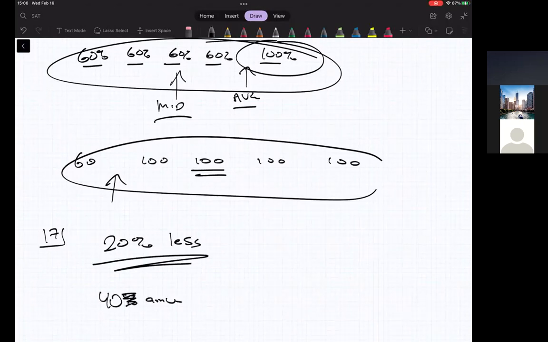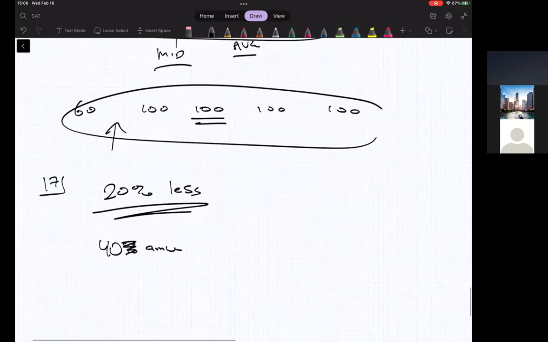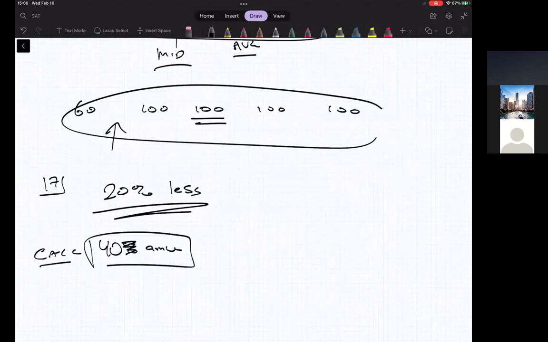Which of the following best approximates the atomic weight in AMU of the unknown element? So again, think about it like a discount. Calcium is 40 AMU. You're getting a 20% discount, which means you're keeping how much? You're keeping 80%. So all I want to do is figure out what 0.8 times 40 is.